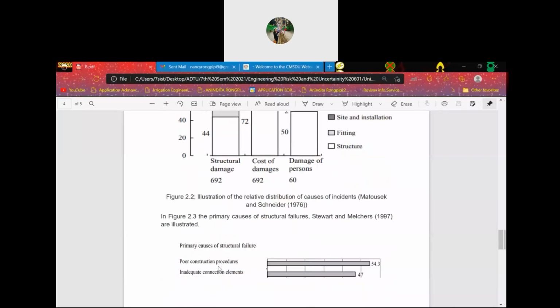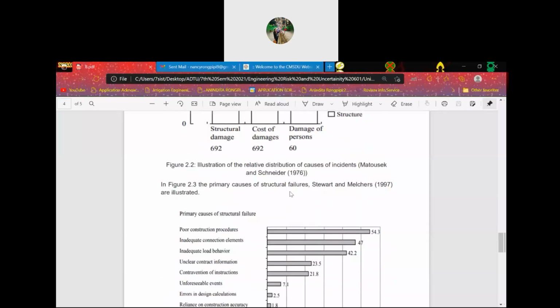In figure 2.3 similarly, the primary causes of structural failures, cited by Stewart and Melchers in 1997, are illustrated.